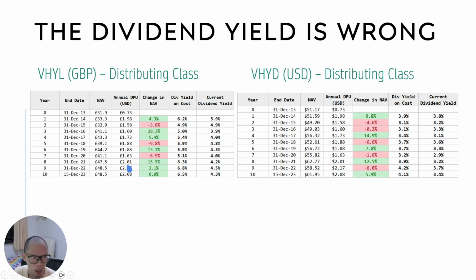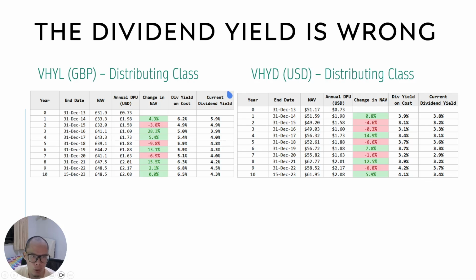This is taken from the Vanguard website, and they are almost identical, which gives me the idea that actually the DPU should be in USD. That means I should have been converting either the dividends to USD, or the NAV price to USD.